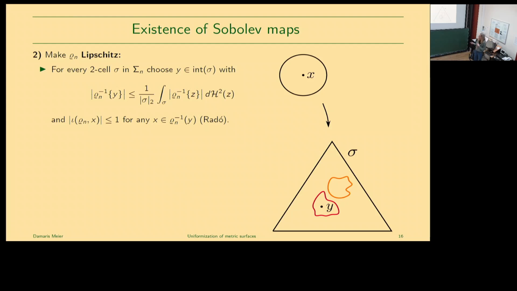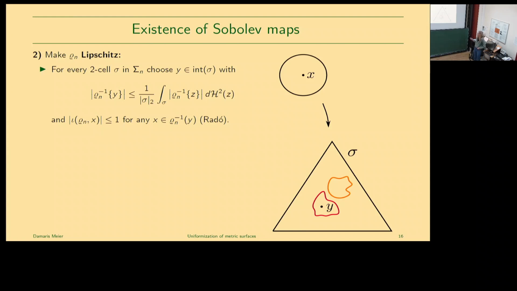And also, the other thing we want is that for any point in the pre-image of this y, the winding number is -1, 0, or 1. So what is the winding number?